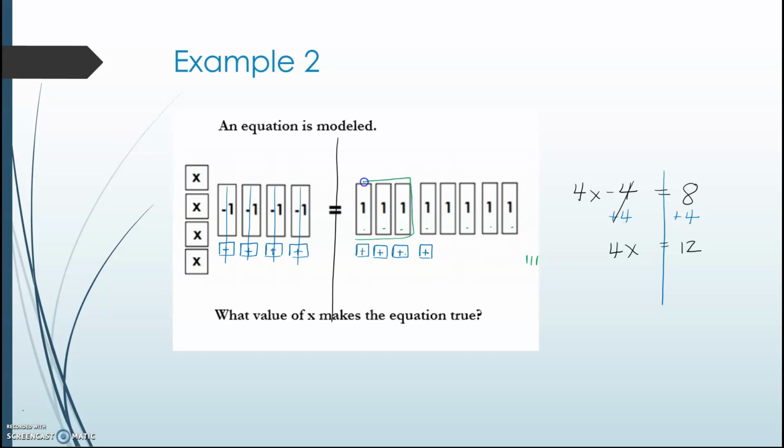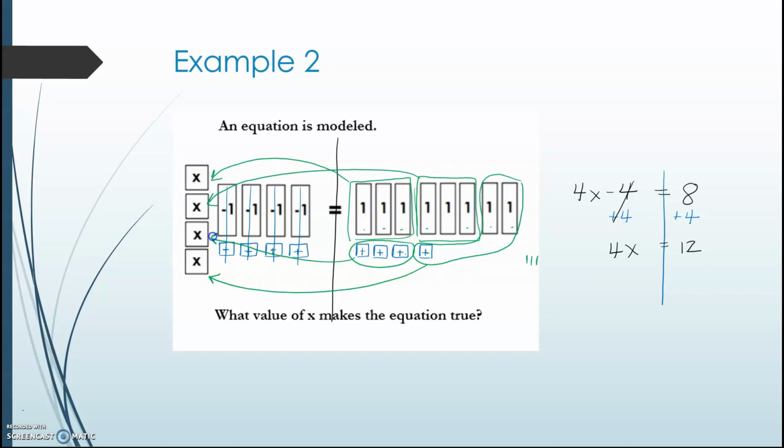These 3 go into this x, these 3 go into this x, and so on. We are evenly dividing into the x's. So that was me dividing each side by 4, and 12 divided by 4 is 3.